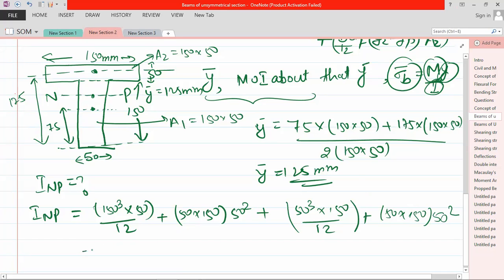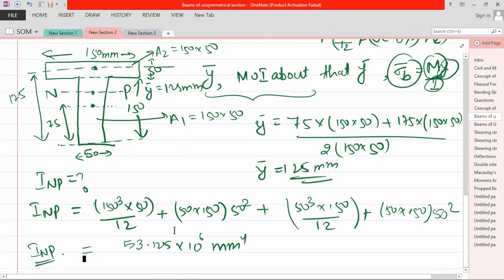So the moment of inertia about the neutral plane comes to 53.125 into 10 raised to the power 6 mm to the power 4. This is I about the neutral plane. Now, having obtained the neutral plane, we find the maximum stress. You know M means moment.